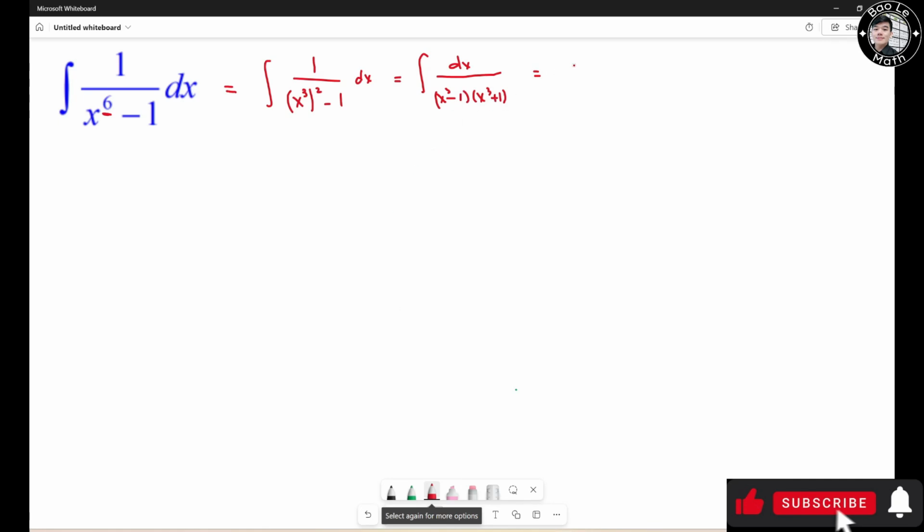So it turns out to be the integral of s to the power of 3 plus 1 minus s to the power of 3 minus 1, over s to the power of 3 minus 1 times s to the power of 3 plus 1.